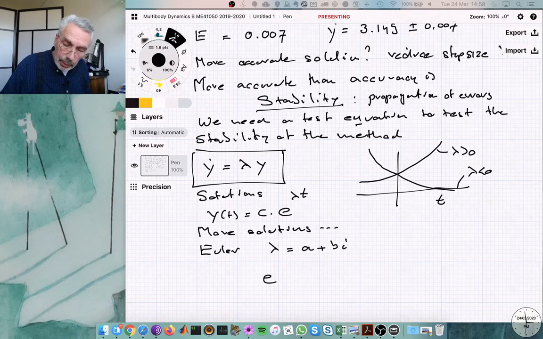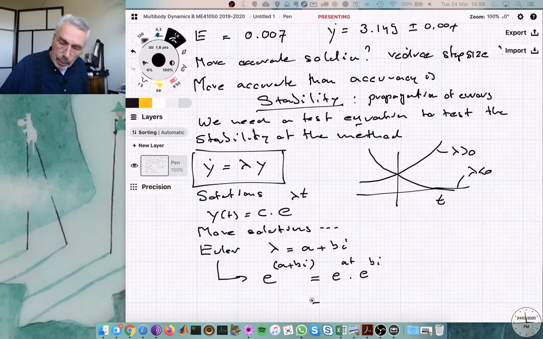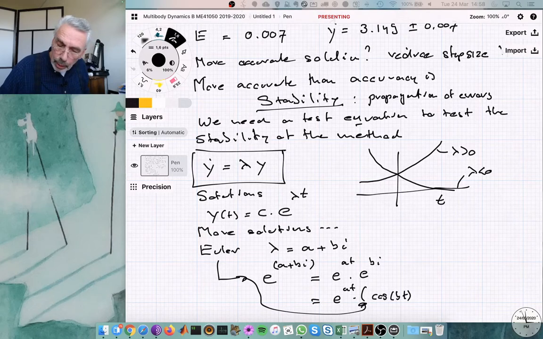Then you get e to the power a plus bi, and now I have to use the Euler formula for that, which is e to the power at times e to the power bi. That's still a power calculus, that's e to the power at. And now says Euler, well, this thing, that's the contribution of Euler actually, is cosine bt plus i sine bt.